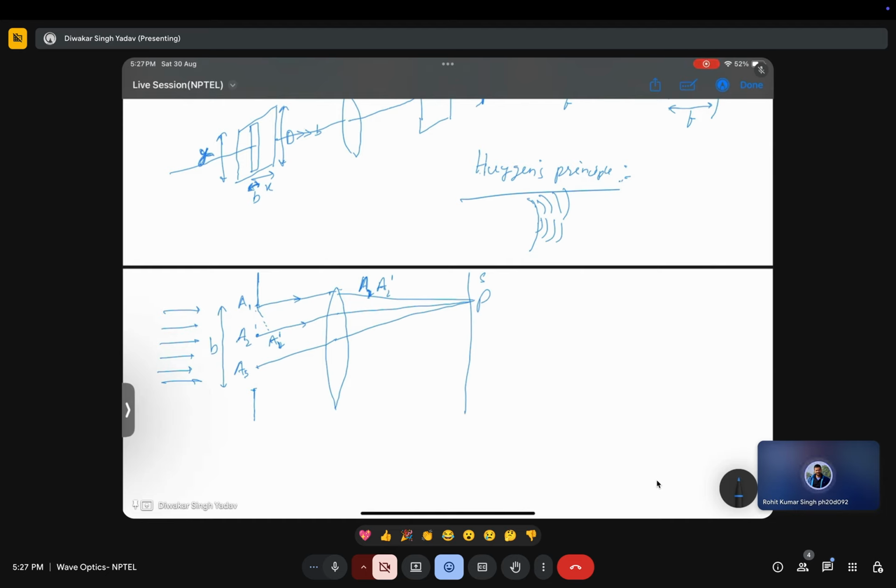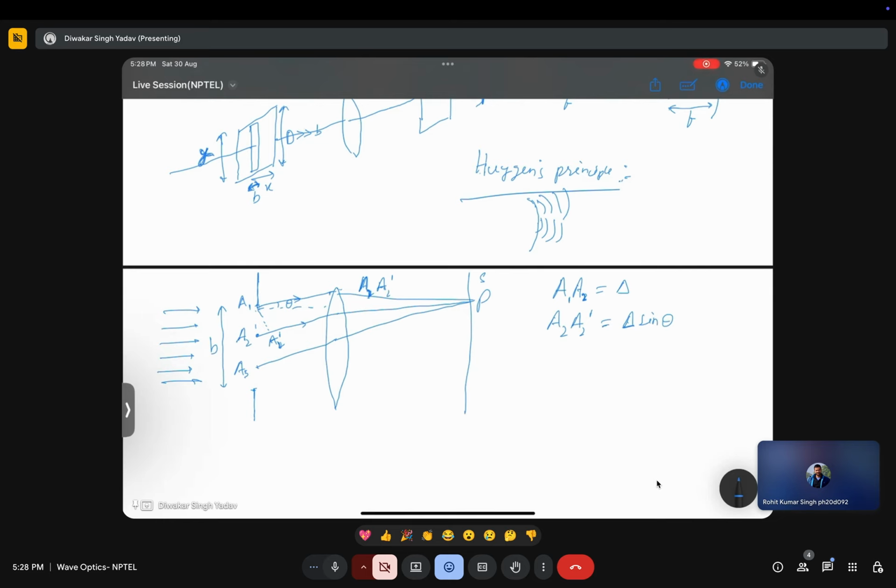Let me write it. The distance A1 A2 is, let's call it delta, a small distance. And A2 prime will be, if this is an angle theta, just delta sine theta, right?